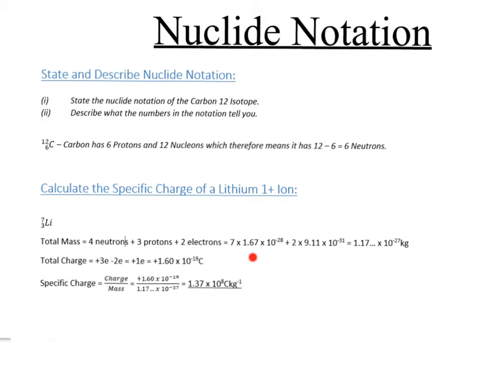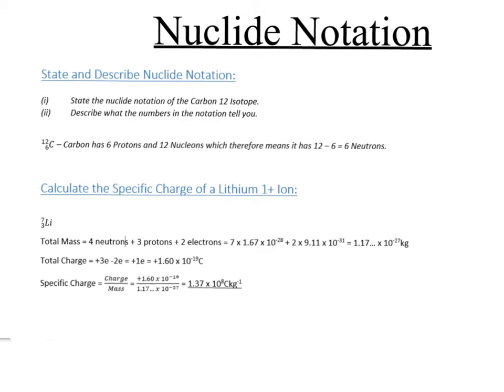And then this data here is in your formula sheet, so the mass of a proton and a neutron is this number here, the mass of an electron is this number here, and when you add them together you get this number. In terms of the total charge, here we are using the actual charge, not the relative charge. With protons, we normally just say they have a charge of +1. But what we're actually meaning to say is that they have +1 of the magnitude of an electron.